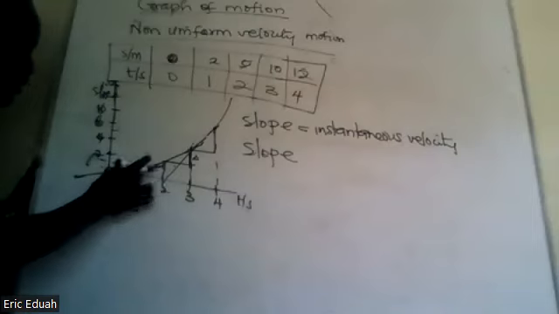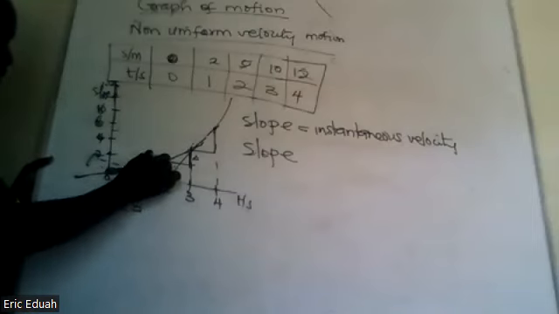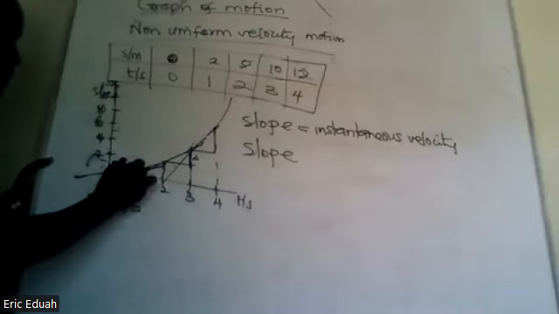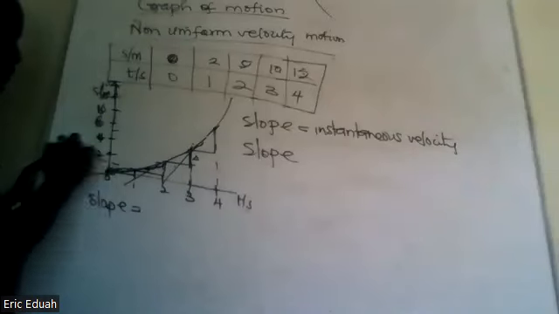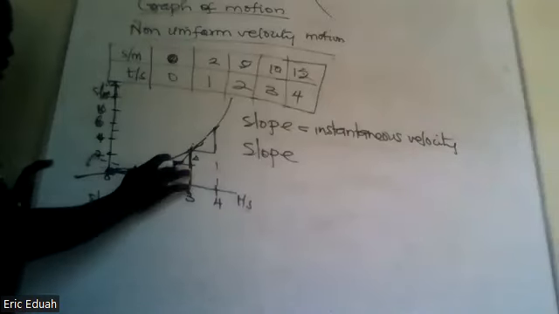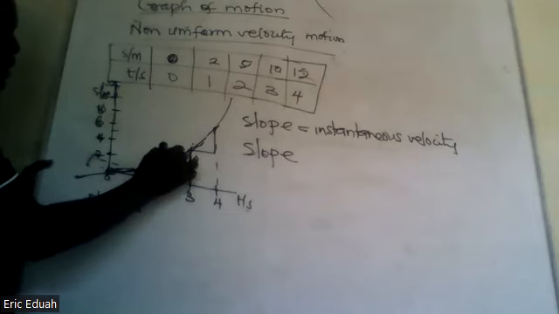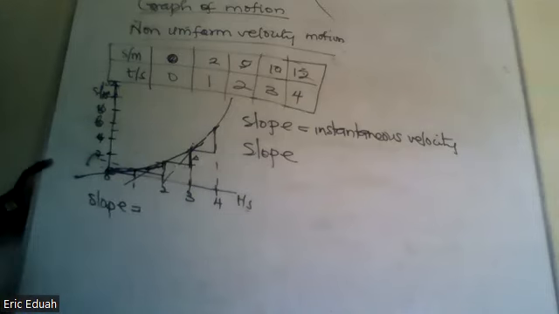Assuming you want to find the velocity within the time interval 2 and 3, and then the velocity within the time interval 3 and 2. Which one do you think will be greater?